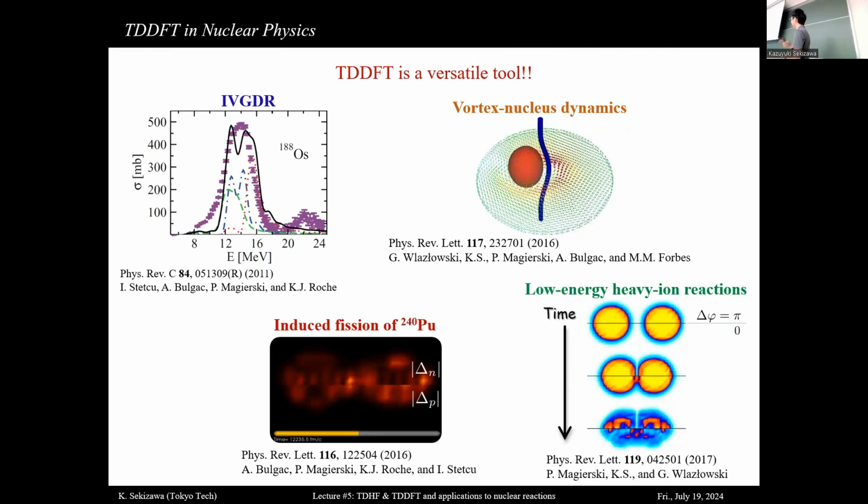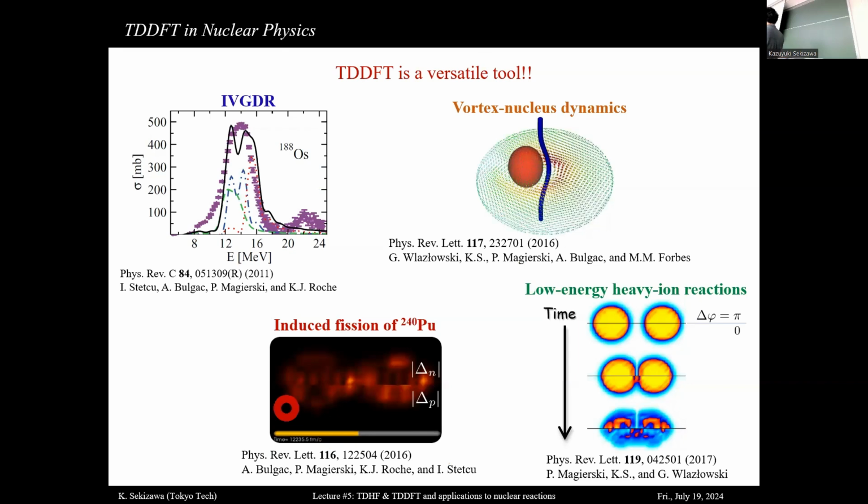As I probably mentioned before, the interaction between a heavy nucleus and another nucleus provides an external kick only on the protons, and it excites this isovector GDR mode. The purple dots correspond to the experimental data, and the lines, especially this black line, correspond to the result of the TDDFT calculation, as a function of excitation energy.